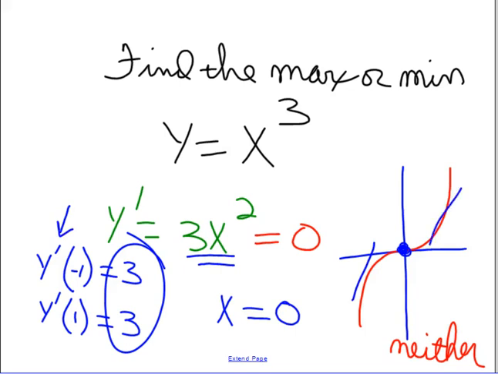But what tells me that 0 is not a maximum or a minimum is that there was no change in sign on the derivative. At a maximum point, notice that the slope is positive over here, but on the other side, it's negative. So you got to look for that change in sign.